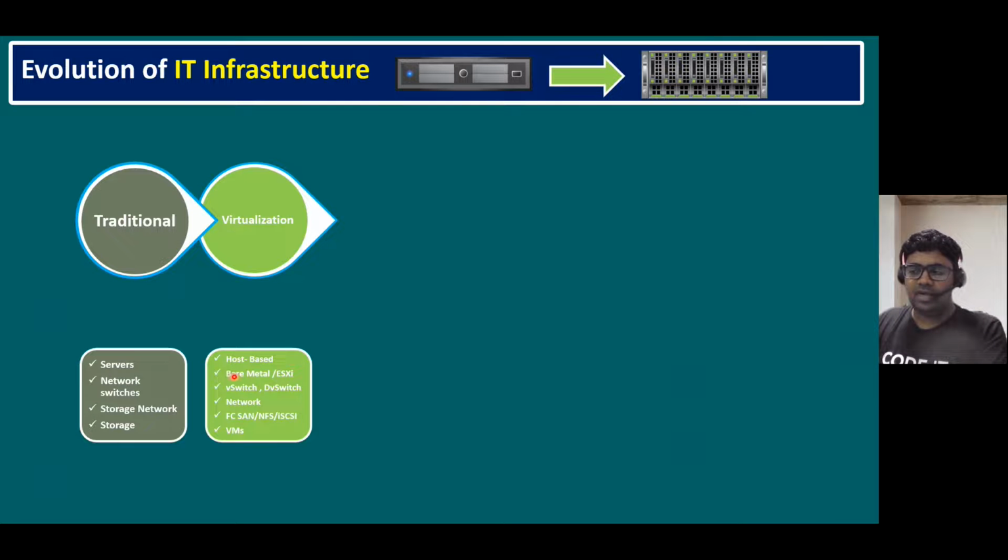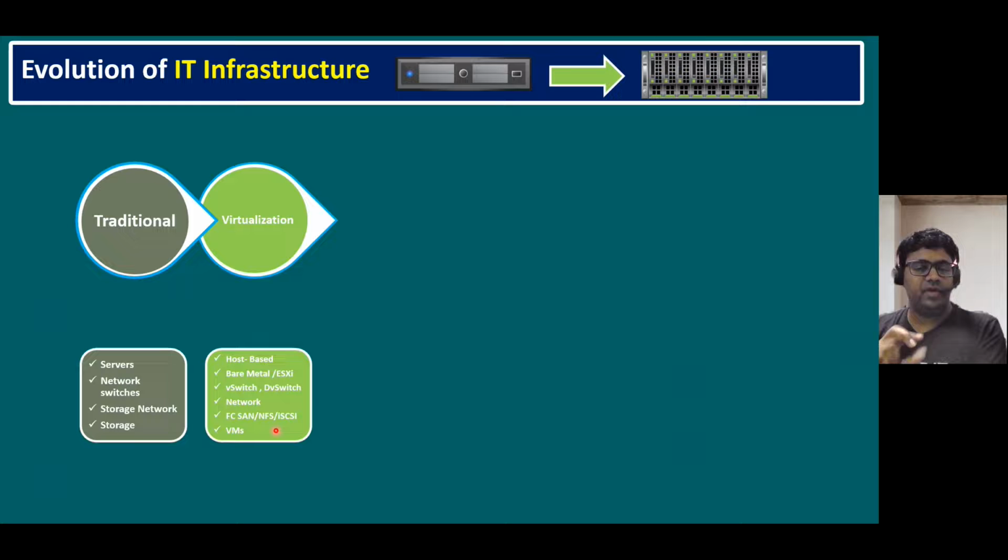And not only at the server level, even at the network level, there are advanced concepts like virtual switch and distributed virtual switch. And at the storage level also, we have advanced concepts like FC-SAN, iSCSI-SAN, and we also have software defined storage and software defined network in virtualization. For server virtualization, the example is vSphere, and for network virtualization, the example is NSX-T. And we also have storage.